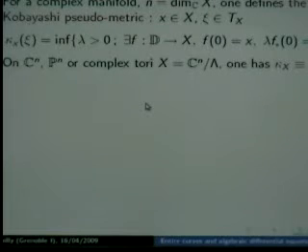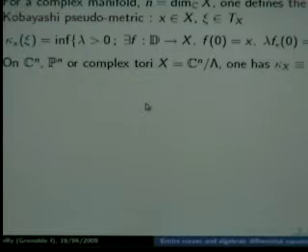Okay, now we have a few general concepts for complex manifolds. So one can define the so-called Kobayashi pseudometric. So you pick a point x in the manifold capital X and a tangent vector xi, and then you define the infinitesimal pseudometric.